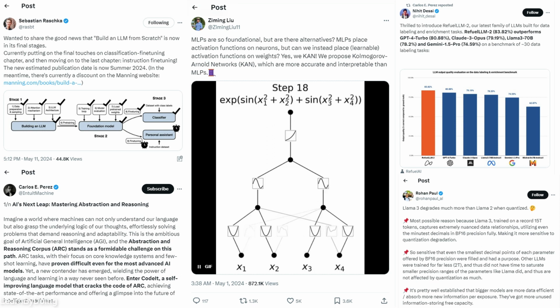There is some abstraction and reasoning capability research to actually improve the performance of large language models. And also in the middle part, we see the KAN, a new way to make the activation process of the neural network more efficient. These are all the possible improvements we are going to see in the future.